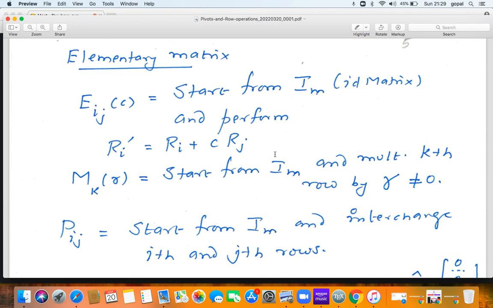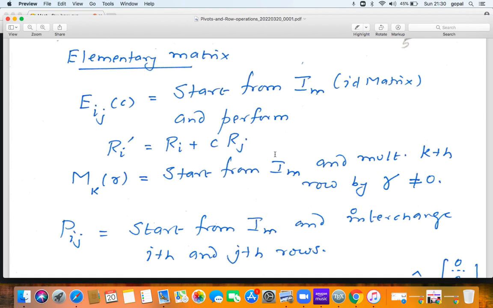The matrix so obtained will be called P_ij. So P_ij is the elementary matrix corresponding to the elementary row operation of exchanging the ith and jth rows.